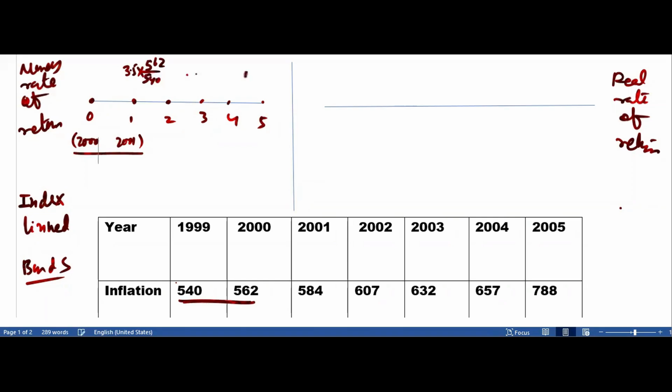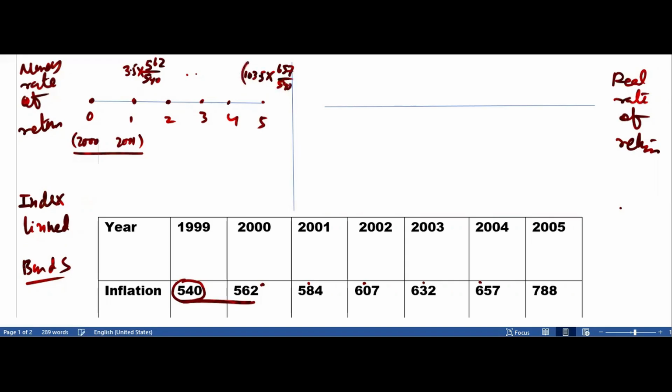Continue writing like this. This payment is 103.5 multiplied by, see, 1, 2, 3, 4, 5. 562 is here. This one will remain. In some cases, they never give this one; they give it separately. So don't count whatever way I am doing. 657 divided by 540.